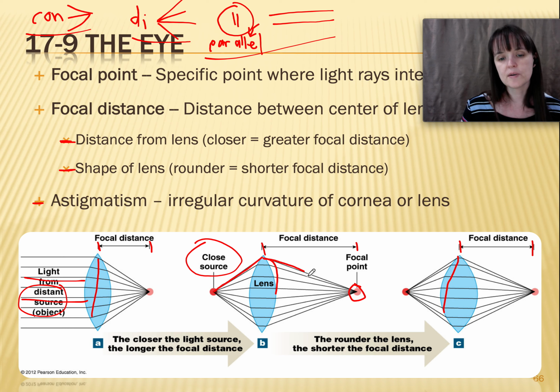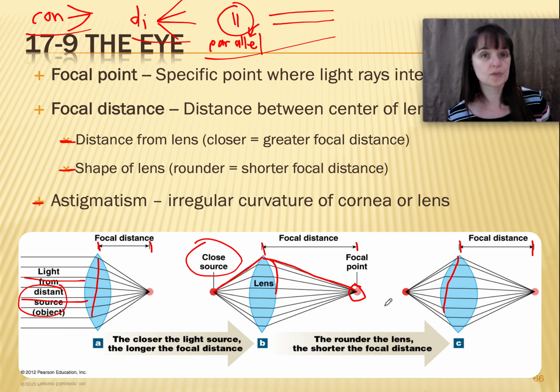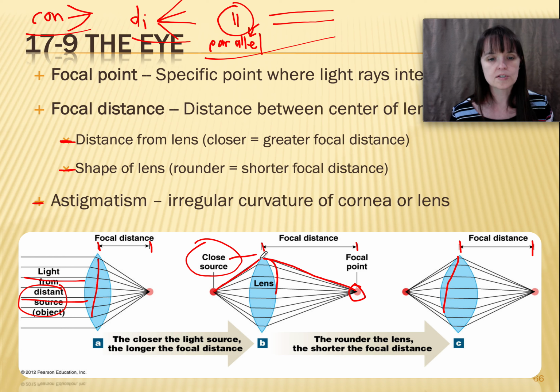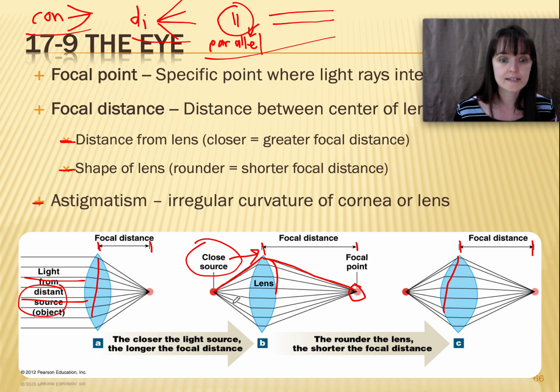And so the same amount of bend in the lens focuses further from the lens. So with a closer source, you have a longer focal distance, because at a closer source, you have a more acute angle. So it just takes more to bend those rays.